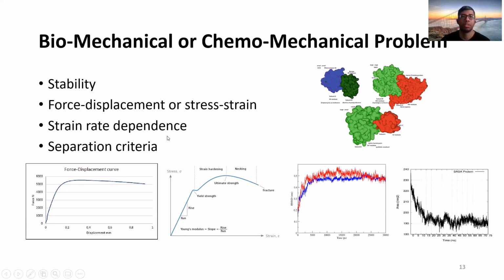Probably we want to show the strain rate dependence. So we are stretching the protein with different strain rates, and we want to see whether one protein gets separated from the other. So we get the separation criteria. So these kinds of biomechanical or chemomechanical parameters we can get from molecular dynamics simulation.